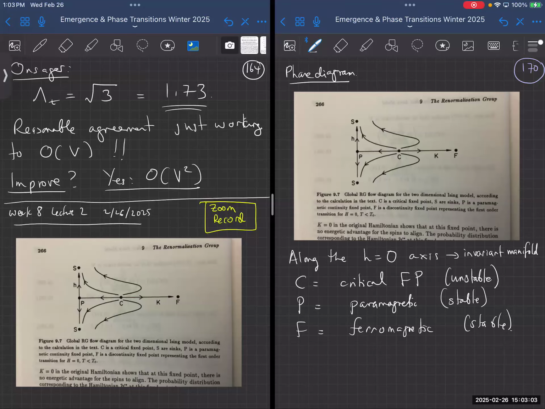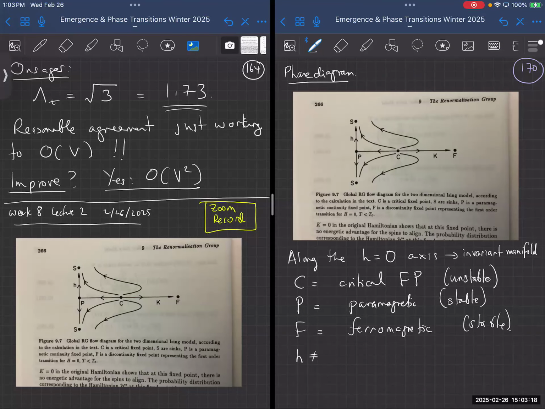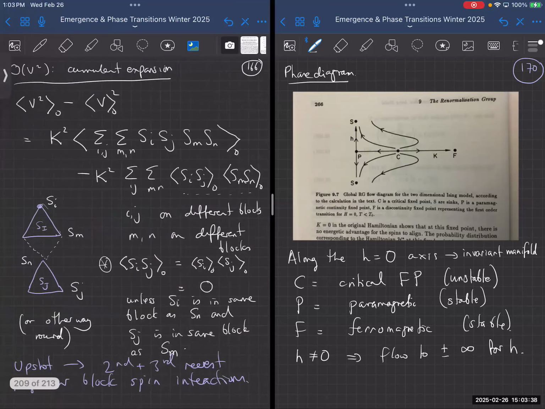Okay, so the only stable fixed points are the ones at h equals 0 and k equals 0 or infinity. So let's write that down: you can see from this flow that h non-zero implies that you flow to plus or minus infinity for the h values.